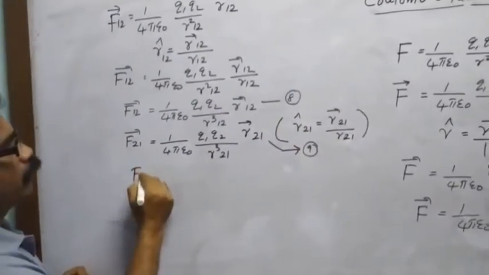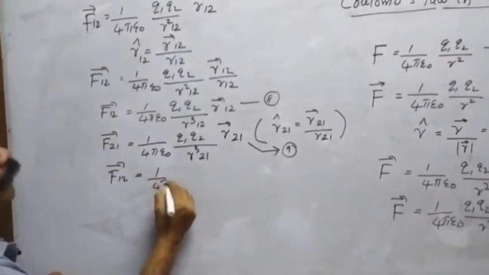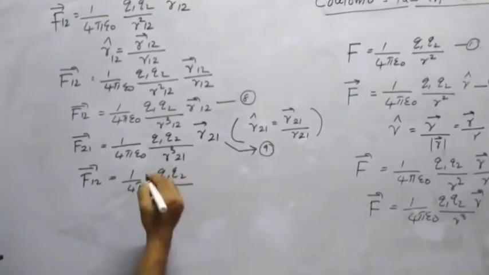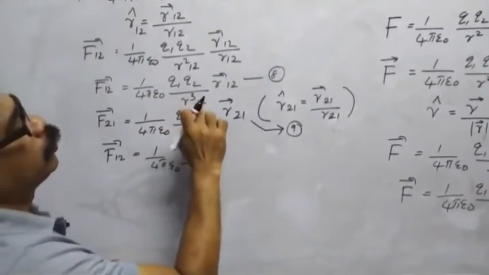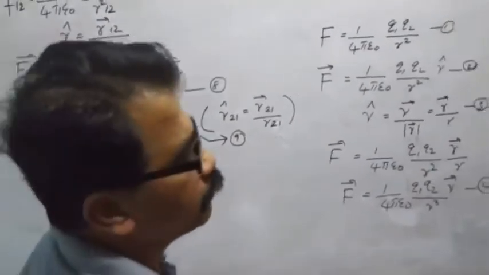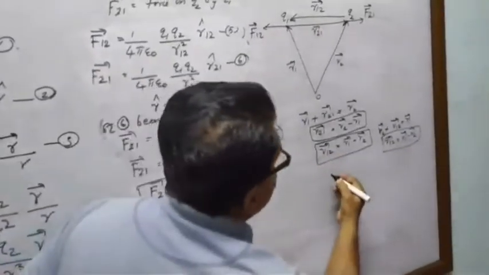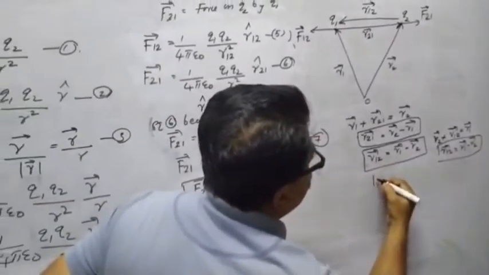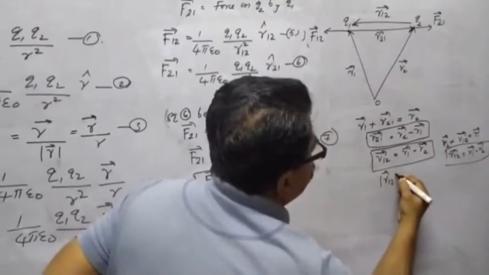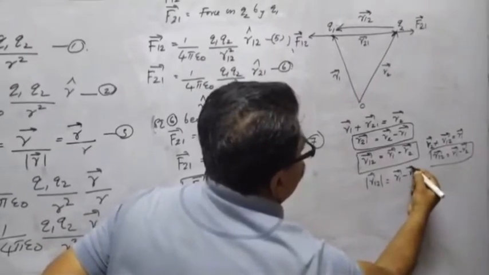Again, F12 equal to 1 by 4 pi epsilon 0 Q1 Q2 by R cube 12. What is the modulus of R cube 12? The modulus of R12 is equal to the modulus of R1 minus R2.